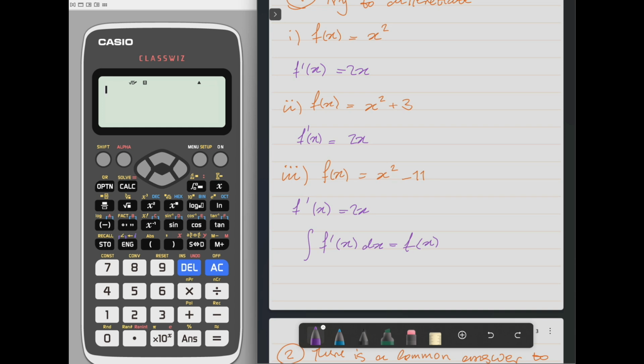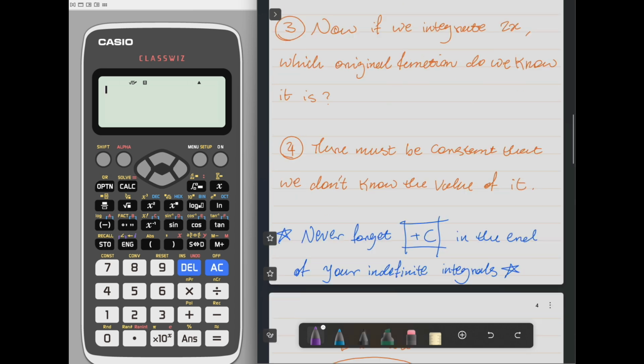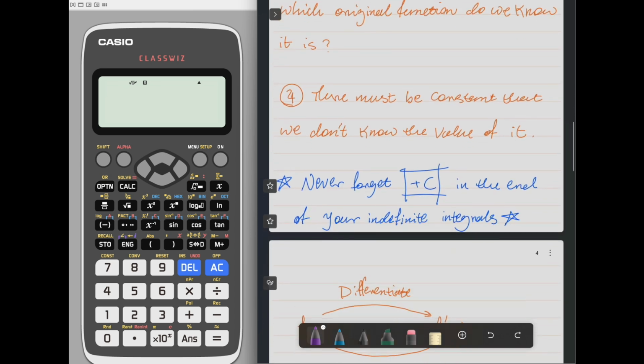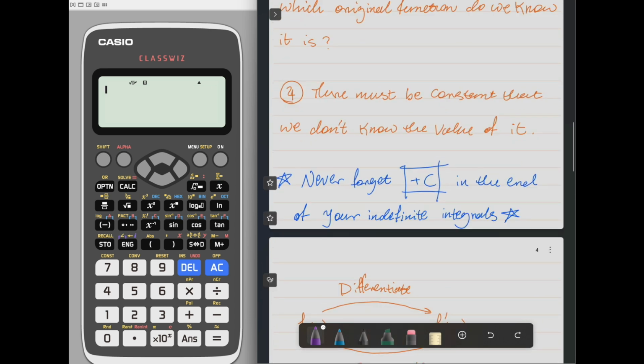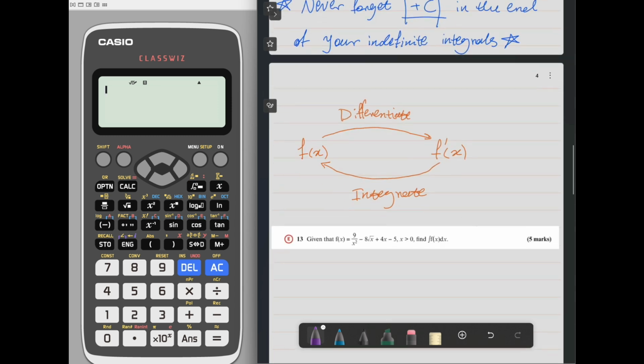As for the third step, if we integrate 2x, which original function do we know it is? We don't know. So there must be a constant that we don't know the value of. Note, never forget plus c at the end of your indefinite integrals.